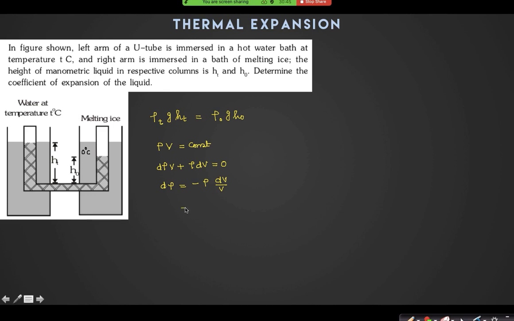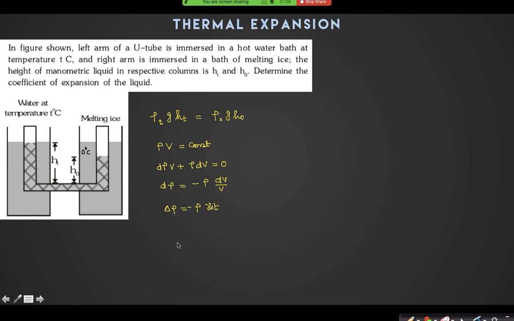Now dV by V is equal to gamma T, gamma T. So delta rho is equal to minus rho gamma delta T. D rho and delta rho are the same, a small change in density.